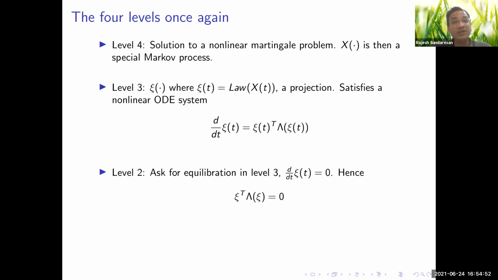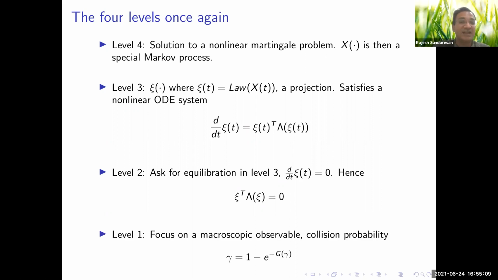Level 2 is to ask for equilibration in level 3, that is, set dxi by dt equal to 0, and you will get some condition. That gives us the distribution over states in some sense, like the Maxwell-Boltzmann distribution for ideal gases. And level 1 is at the level of macroscopic variables.